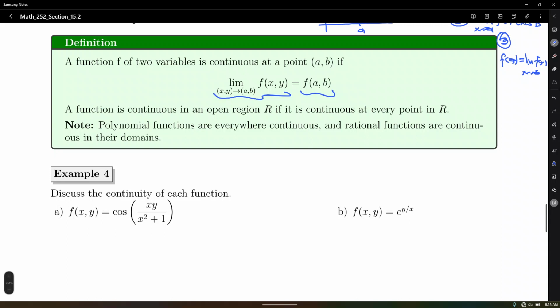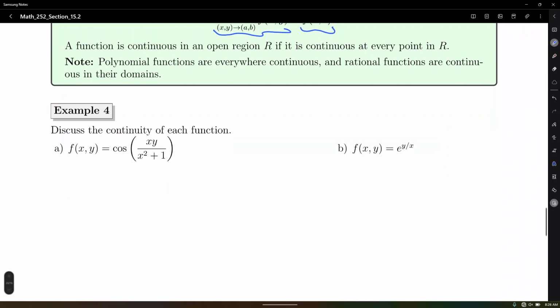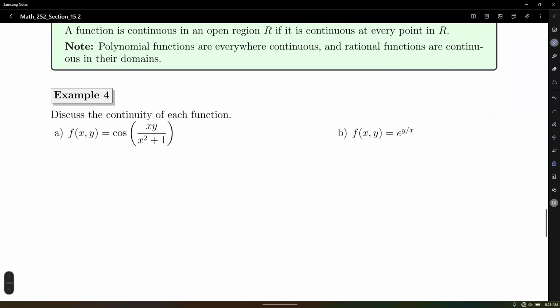So all you do is rephrase it and say the function is continuous on this interval, as opposed to the domain of the function is this. It's the same, so the same guidelines to find domain are going to come back. Let's have a look at and discuss the continuity of each function right here.